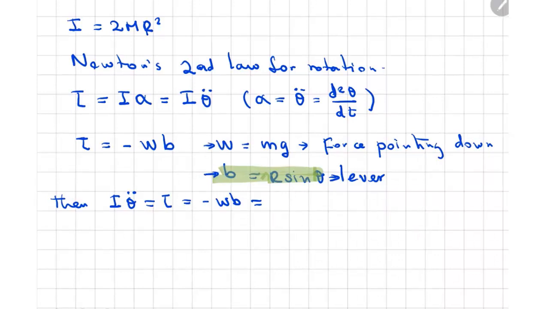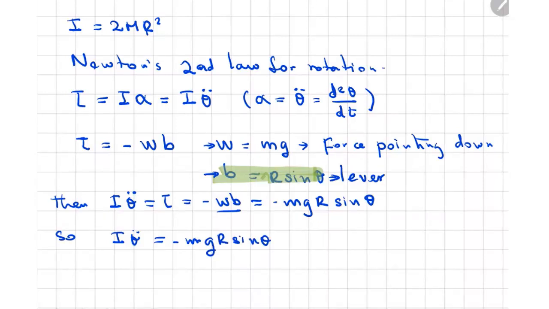So if we replace these two definitions into this part of the equation, we will have minus mgr sine of theta. All right? And the equation finally takes this form: I theta double dot equal to minus m g r sine of theta.